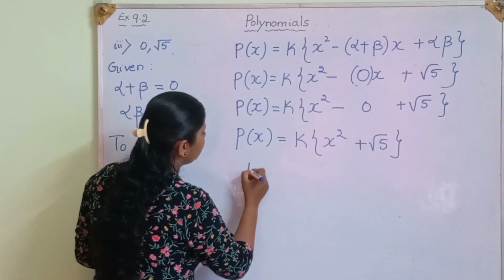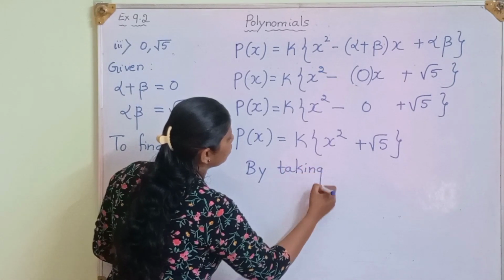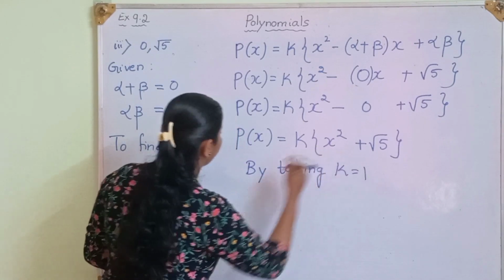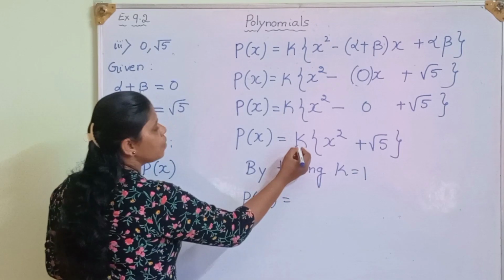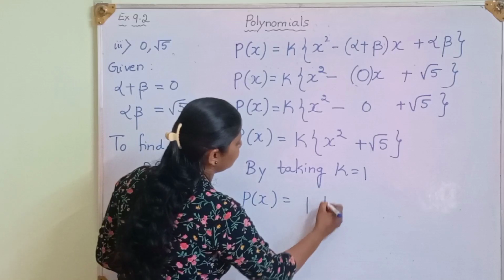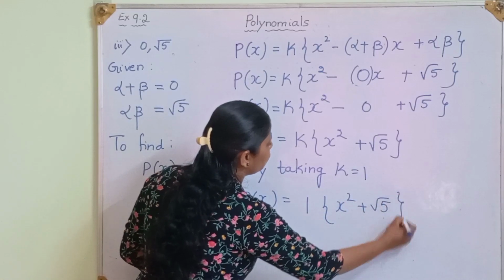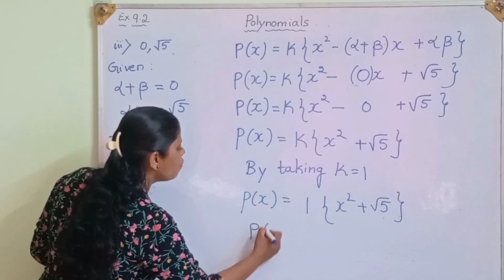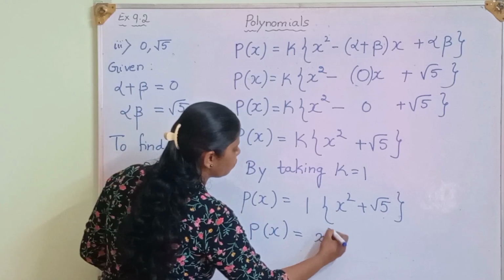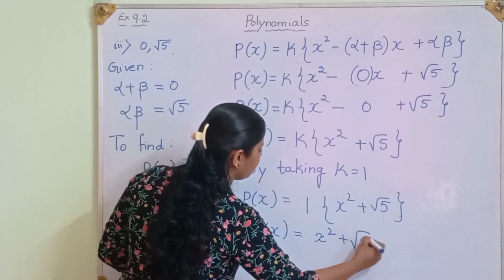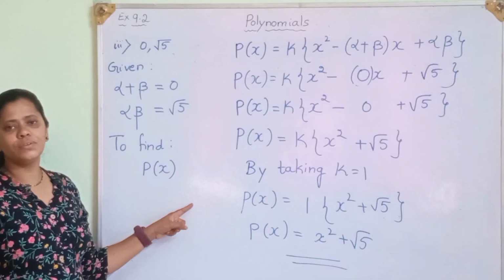By taking k is equal to 1, P of x is equal to, in the place of k, let me take 1, x square plus root 5. Therefore, the P of x will be x square plus root 5. Hope you have understood this one.